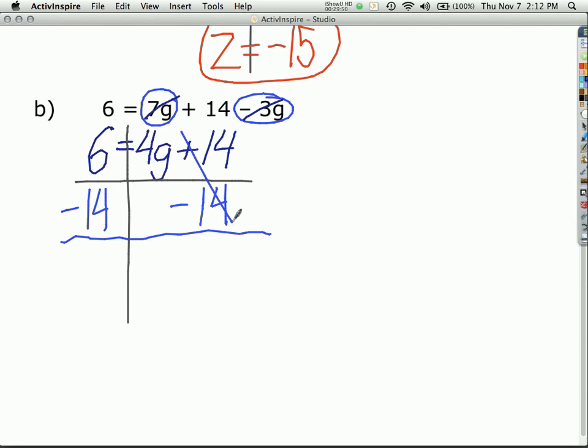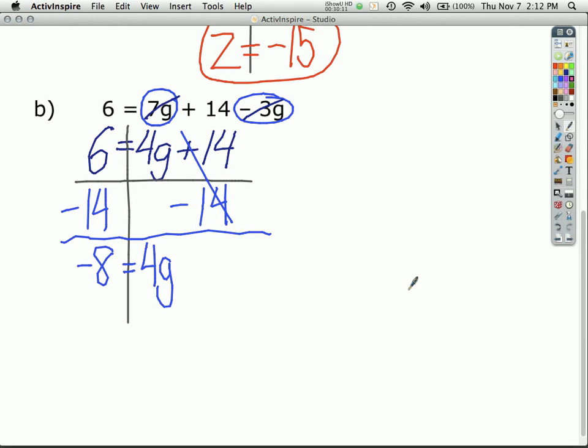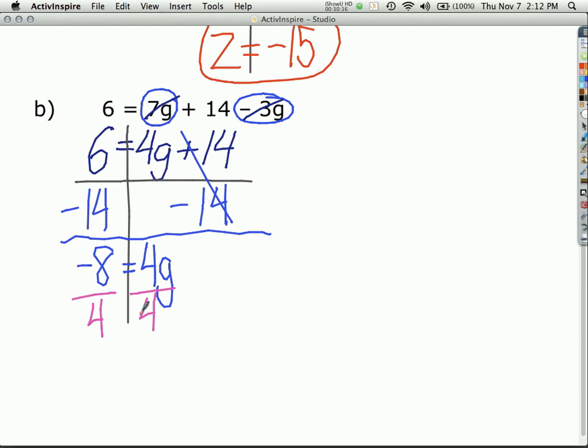This will disappear, and we're left with 4g equals what? What are we going to get on the left side? Ezekiel? Close. Negative 8. Very good. And what's our second step that we're going to do? Brianna? Divide both sides by 4. This disappears, and we get g equals what?